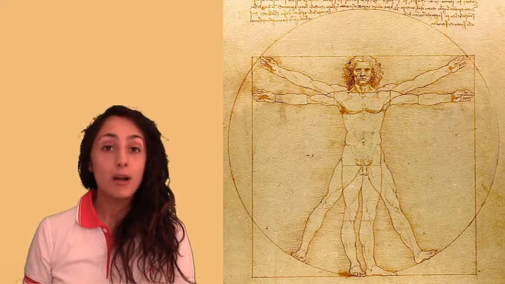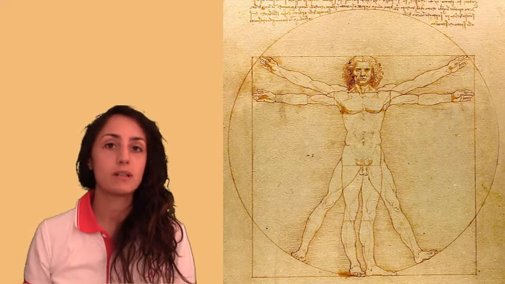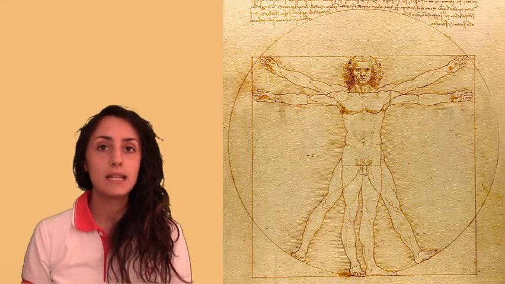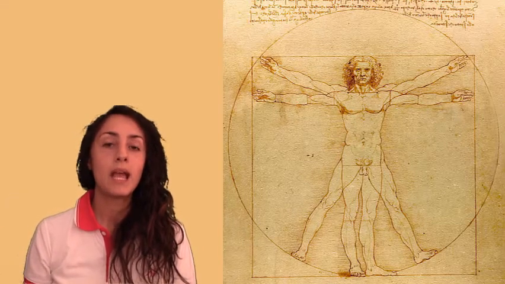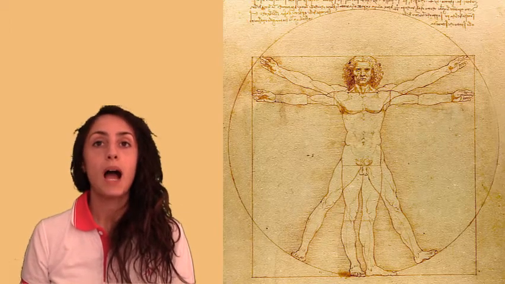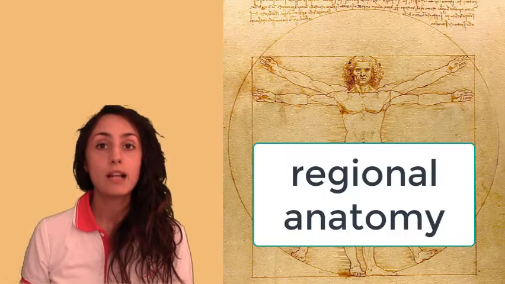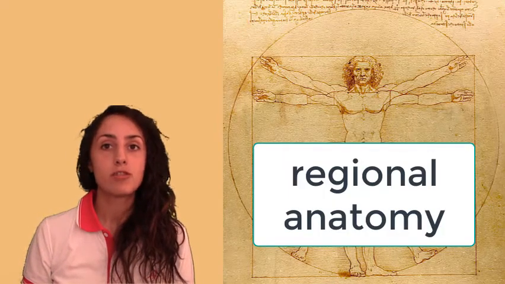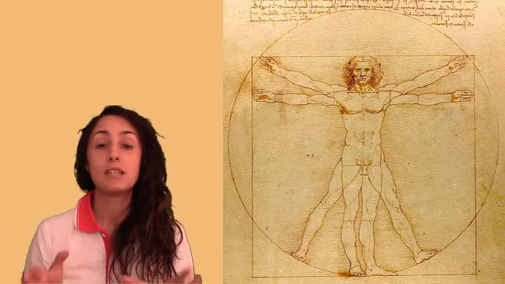We speak about macroscopic anatomy, which is the study of large body structures, for example, heart, lungs, kidneys, and so on. This macroscopic anatomy can be divided into other subgroups, which are regional anatomy, where all structures are gathered in one particular region.